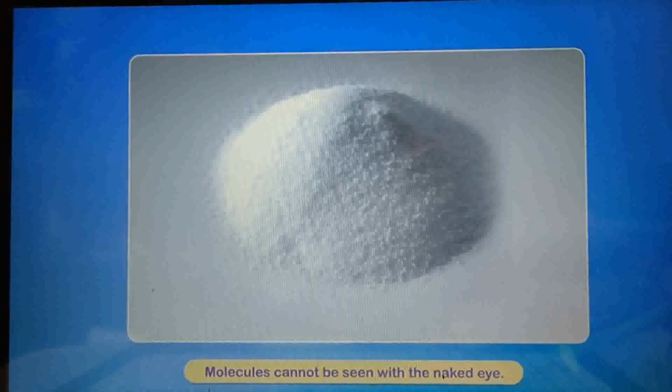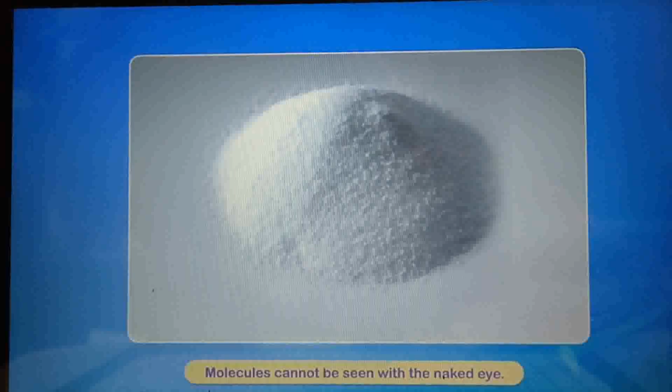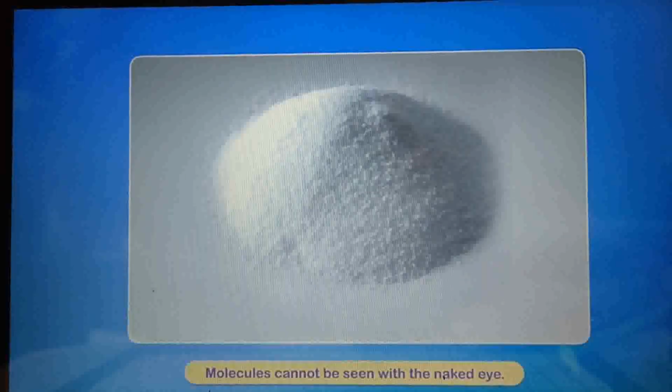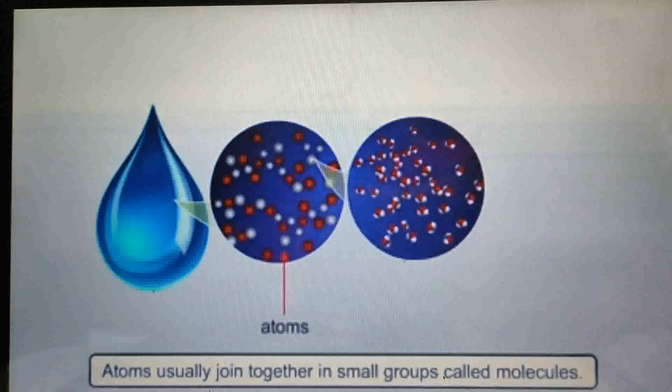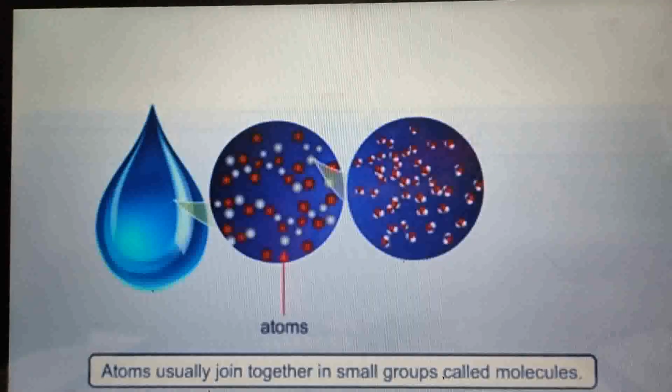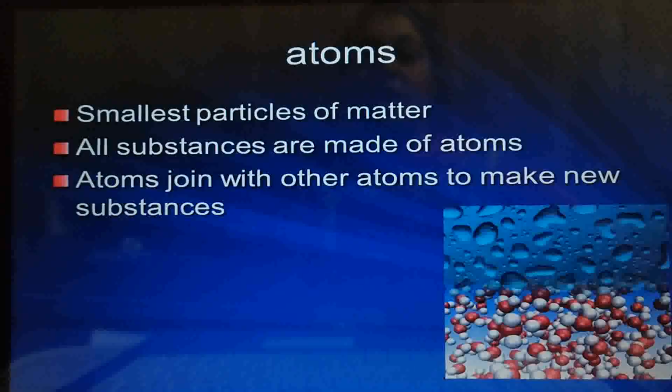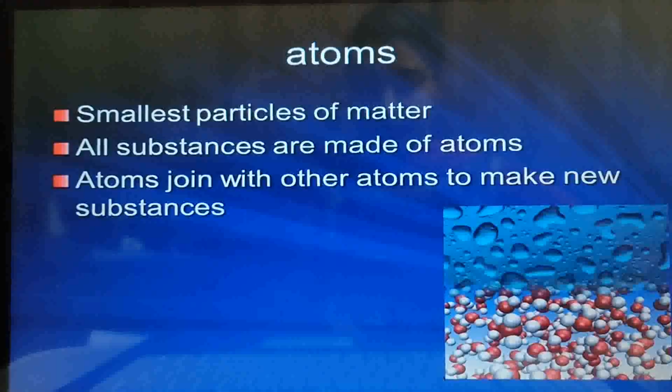Okay. And can you imagine, are these molecules made up of some other things? Yes, these molecules are made up of atoms. Atoms are even smaller particles. So what can we say about atoms? It is the smallest particle of matter.